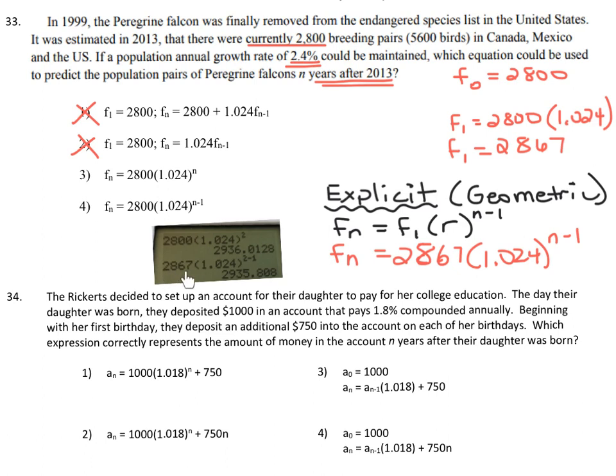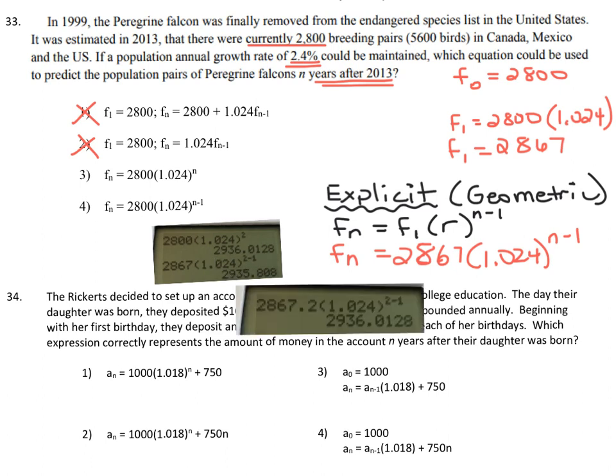So if I had plugged in here 2867.2 times this to this power, I would have gotten this exact same thing. Here, let me show you. Okay, so you can see when I plugged in the exact value of what this should have been equal to, see how this and this match up? So choice 3 matches up with our equation here. So choice 3 is the answer.